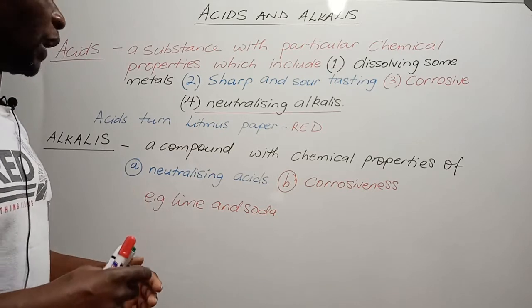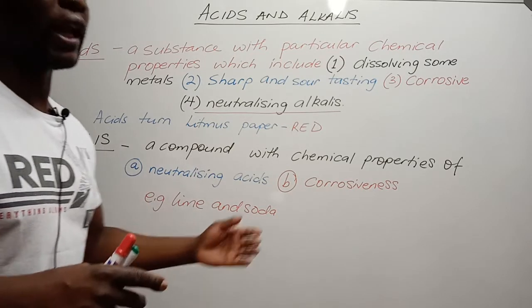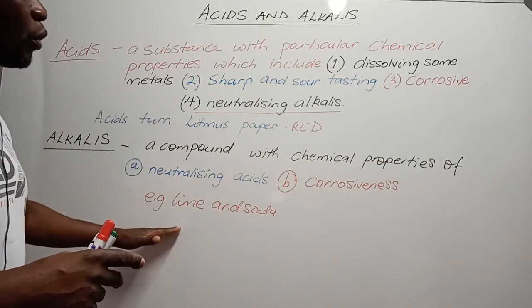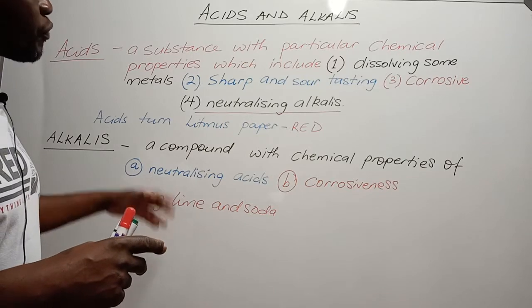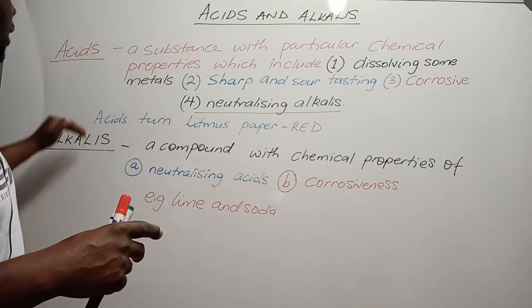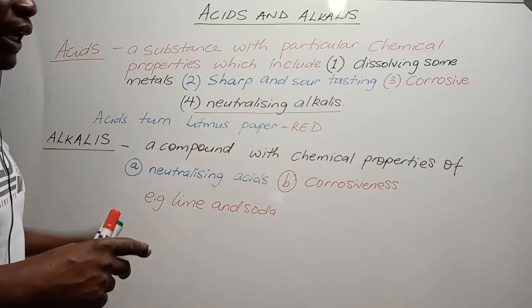That's a way of normalizing the soil. They will tell you that we are liming the soil. It's a process of neutralizing acidity. So alkalis neutralize acids, whereas acids neutralize alkalis.